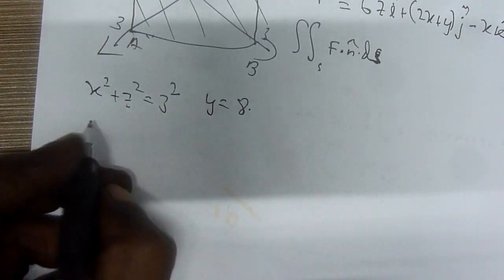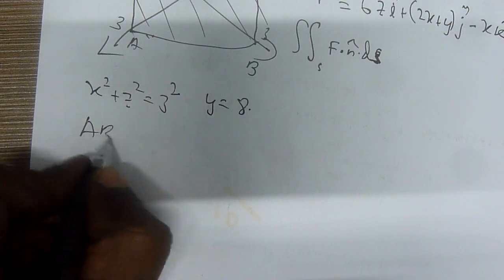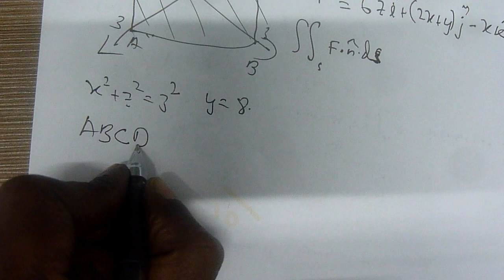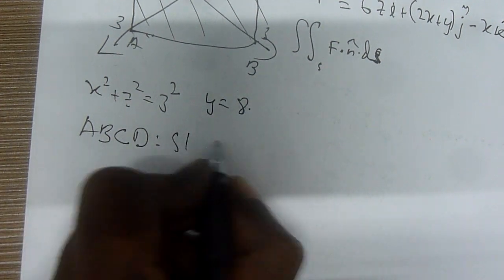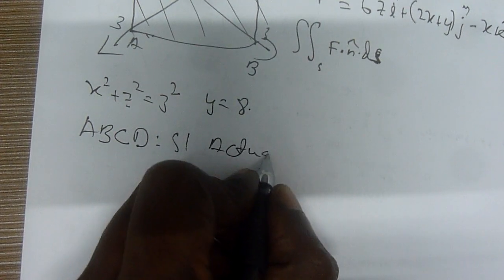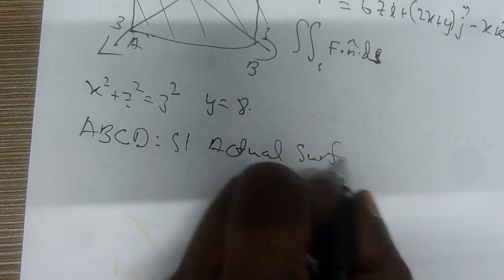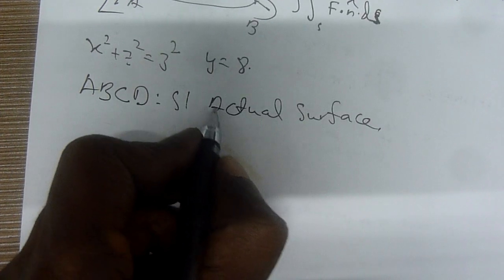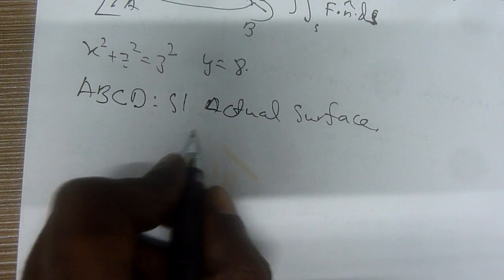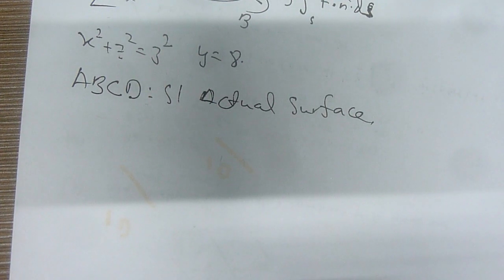Now we start. A, B, C, D, S1, actual. I'm going to show you two: how to calculate using the actual surface and the shadow.